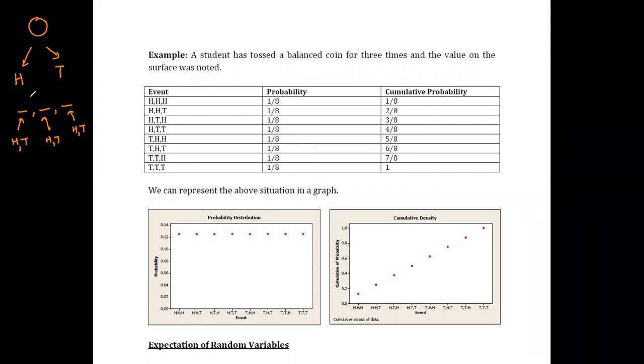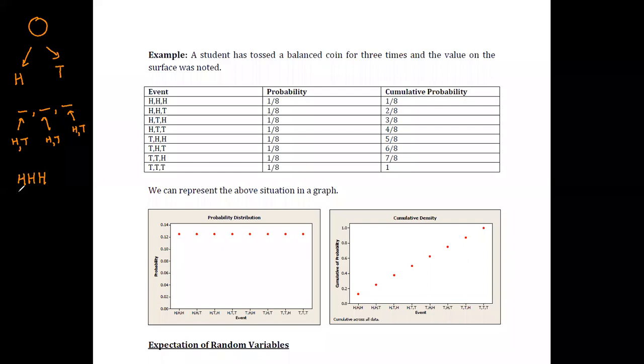First we will identify all the possible outcomes, and since it is a balanced coin, we have equal chances of getting each outcome. In the first toss you may get a head, then again head and again head.